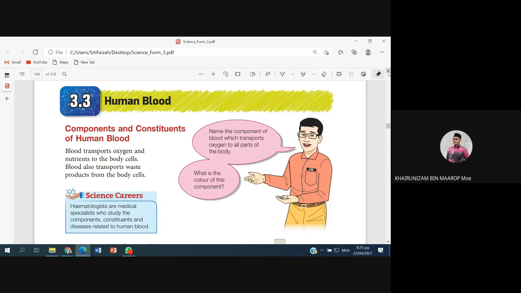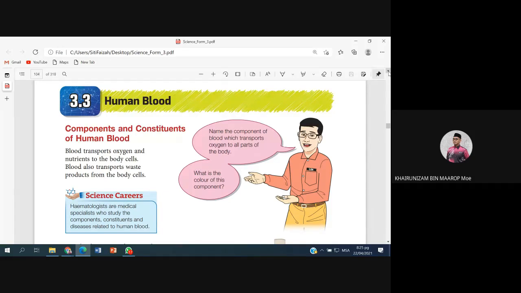So what the function of the hemoglobin? Cikgu tanya, cikgu jawab. So the function of hemoglobin is what? Transport or combine with oxygen or carbon dioxide. Okay. All right.